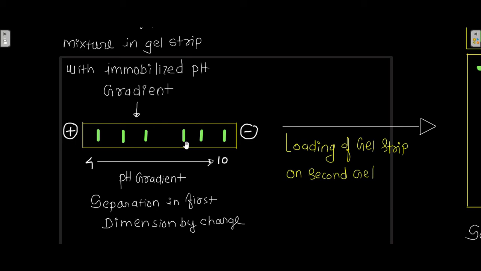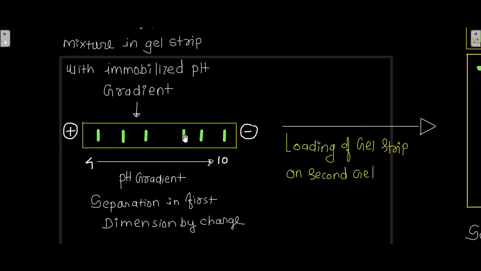If you consider this protein, it has an isoelectric point somewhere near pH 5, and that is why at pH 5 this protein has no net charge and stops migrating. That is how protein molecules stop migrating once they have reached their isoelectric point.